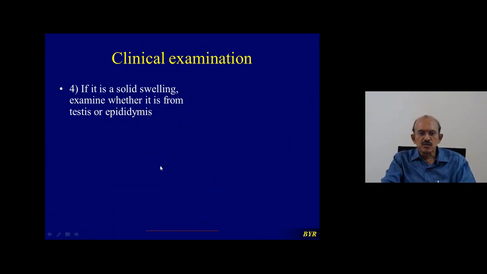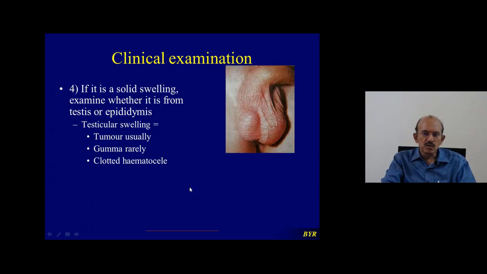If it is a solid swelling, examine whether it is from the testis or epididymis. If it is from the testis, you must make a clinical diagnosis of tumor only, because gumma is rare. Clotted hematocele also is rare.